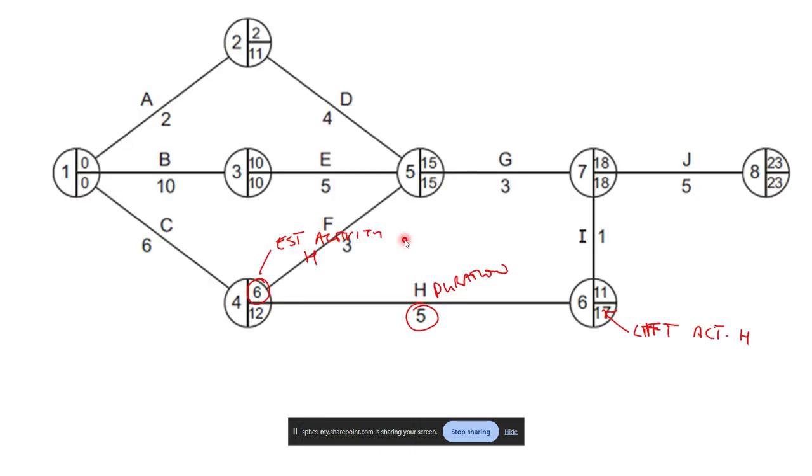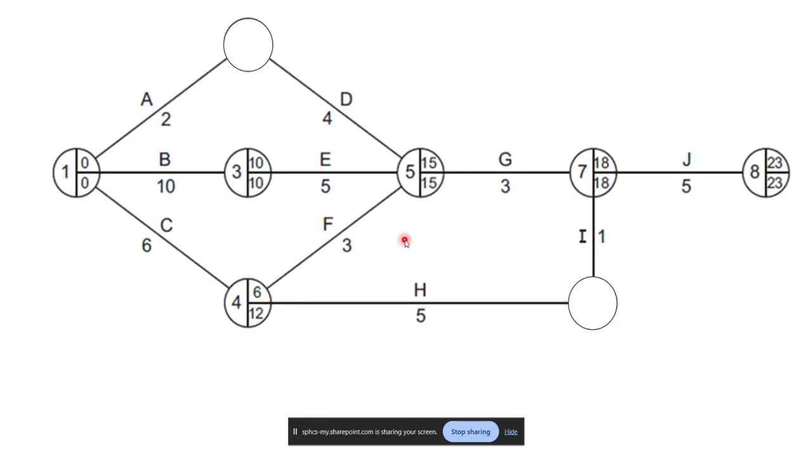So what you might get in an exam is something like this, where you've got certain nodes covered, or I've got a couple here so we can work it out. The first thing to do when conducting a critical path analysis is to calculate the earliest start time. The earliest start time is this number in the top right-hand corner of the node.